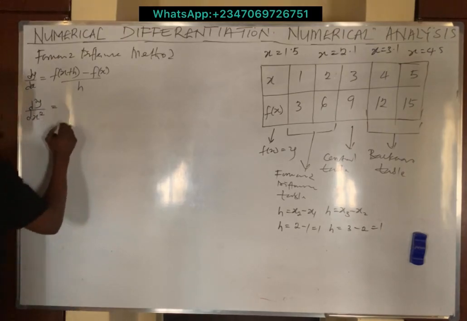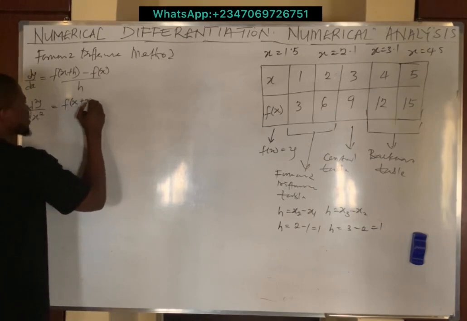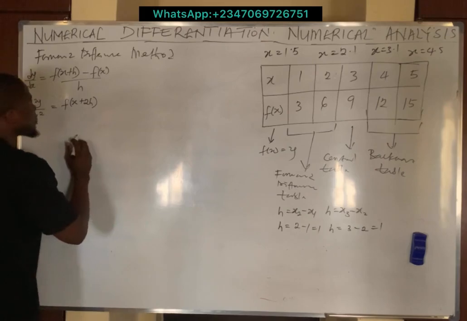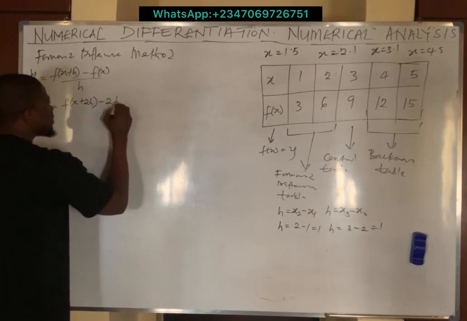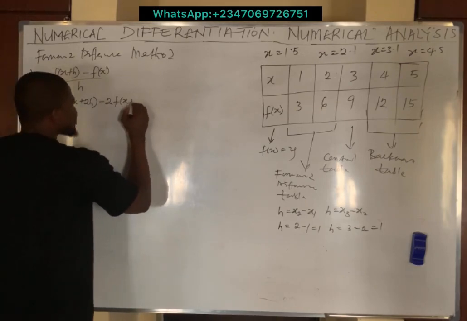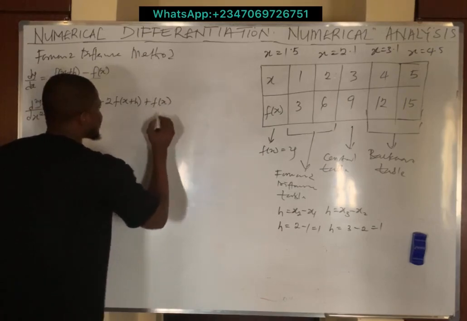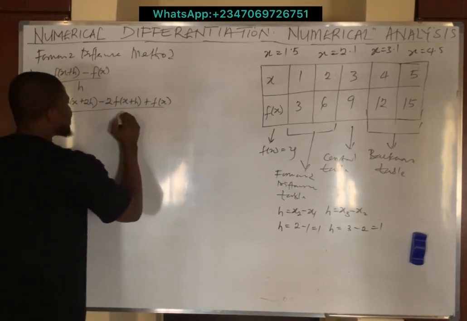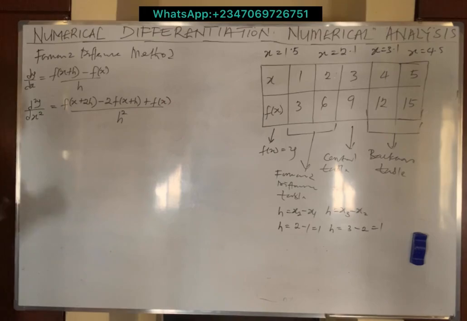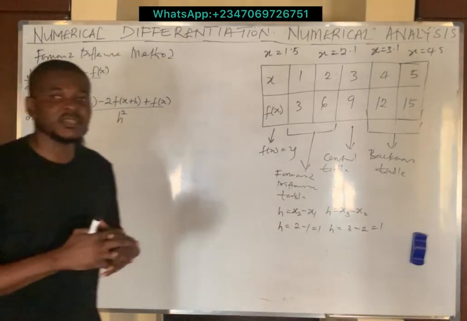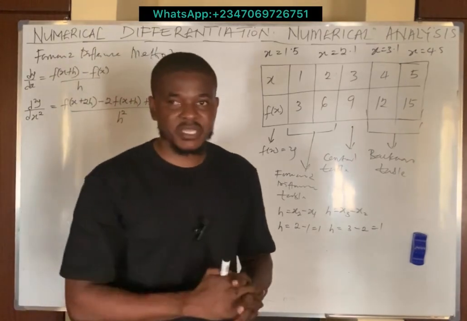This is going to be equal to f of x plus 2h for the forward difference method, minus 2f of x plus h plus f of x, all over h squared, you square the interval. So this is the formula to approximate the double derivative using the forward difference method.